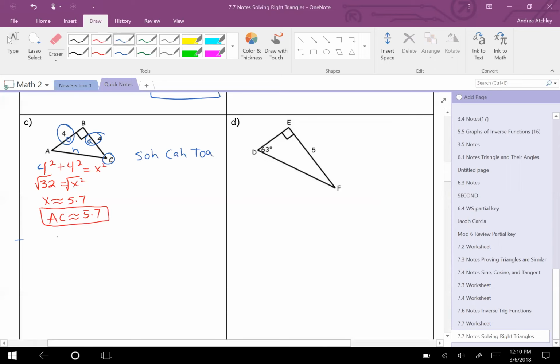I found angle C. So we're going to do the tangent of angle C, because that's the TOA, my opposite and adjacent, equals the opposite over the adjacent. So then I have to use the inverse tangent.